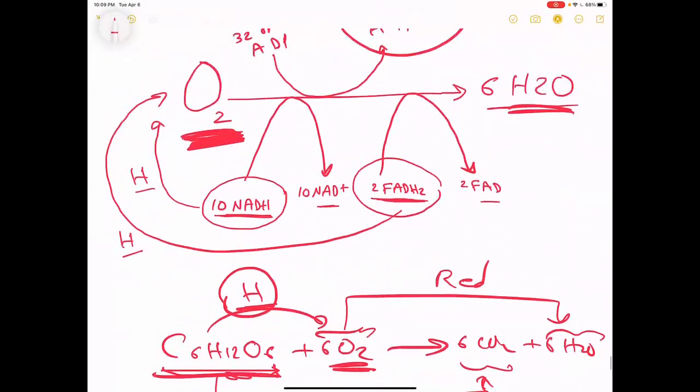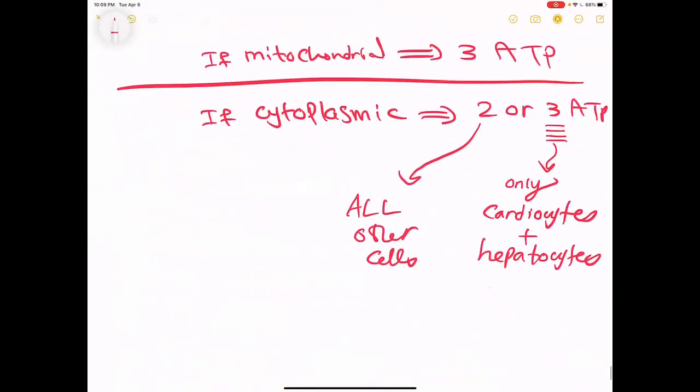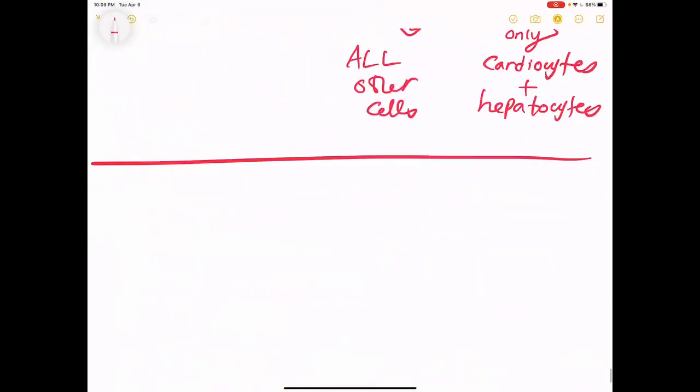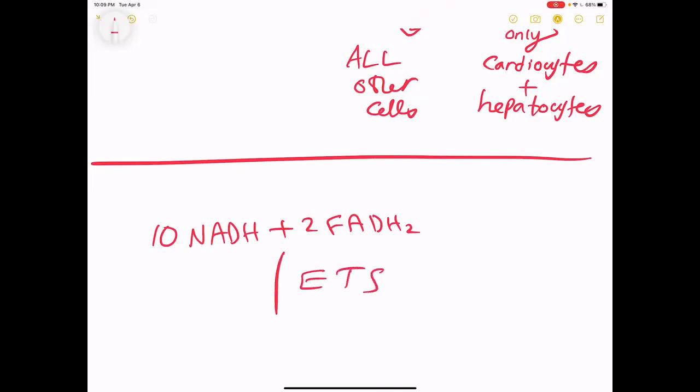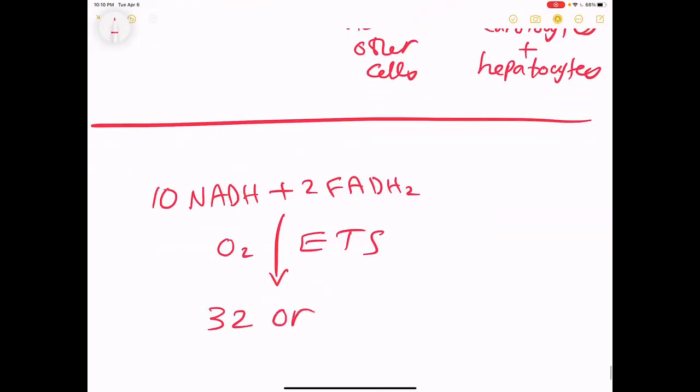let's go back. I want to basically justify to you that when I took 10 NADH and 2 FADH2 to the electron transport system with oxygen, of course, I said I end up with 32 or 34 adenosine triphosphate.